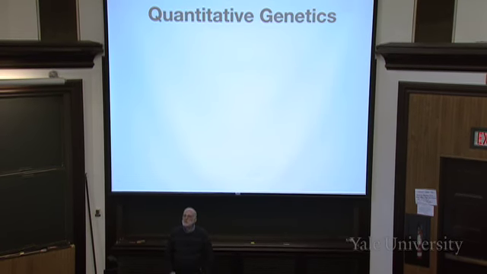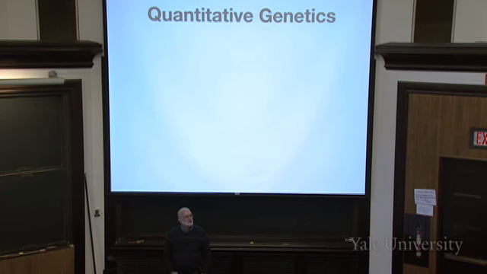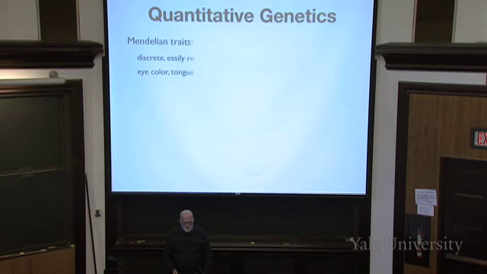Okay, I thought this would happen. It's time for class to end, and I'm just getting to quantitative genetics. So I'm going to let you pick up quantitative genetics from the lecture notes and from the reading.